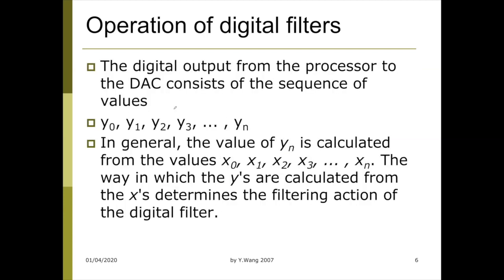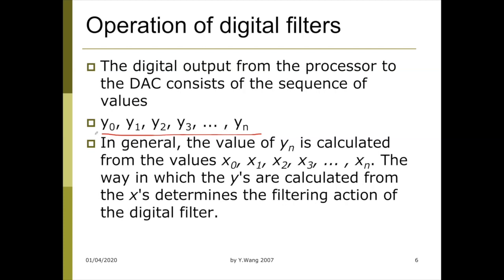So then we ignore the middle bit. At the end of the system, these numbers are manipulated by some algorithm, and the algorithm generates another bunch of numbers, discrete numbers again. We normally name them y0, y1, y2, and so on.